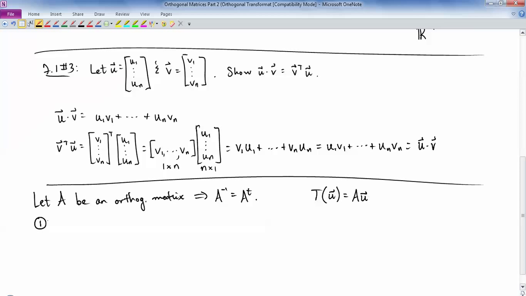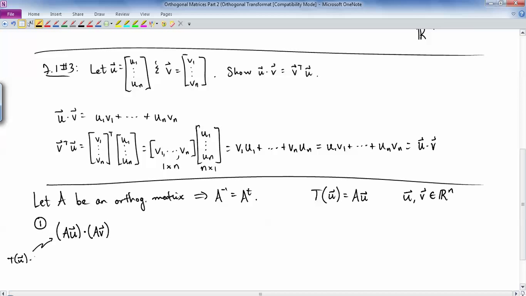And so what I want to look at is what happens if I take AU dot AV, where U and V are vectors in Rn. Okay, so that's the same thing. This thing right here is the same thing as saying T of U dot T of V, right? It's really no different.